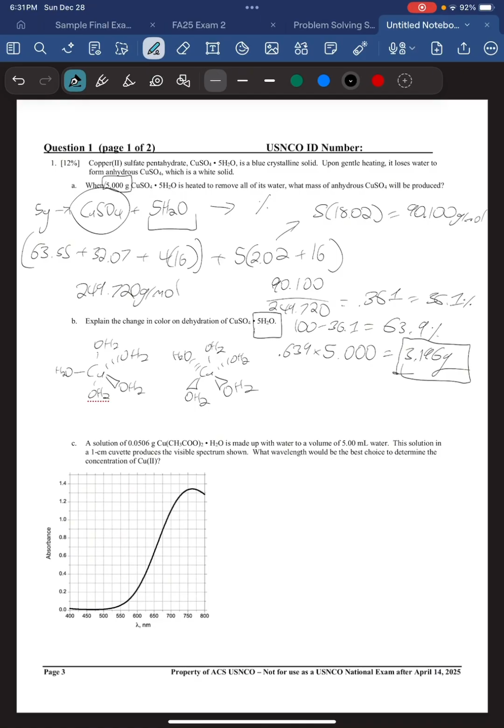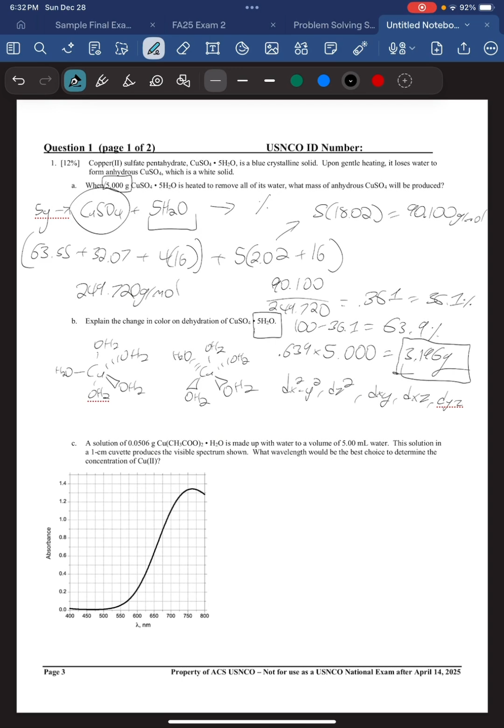This is where the d orbitals essentially split. We have 5 d orbitals: your dx squared minus y squared, your dz squared, your dxy, dxz, and your dyz. These will split into energy levels, depending on what complex it is, where some will be on the same level, some won't be.